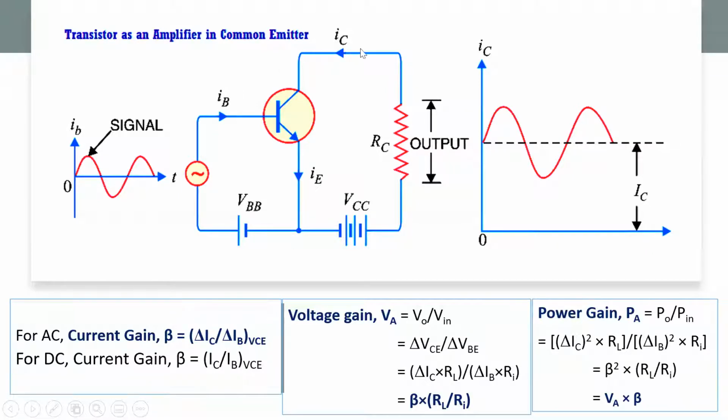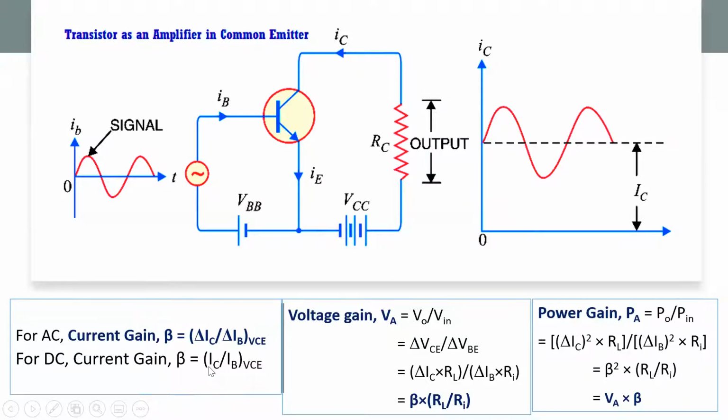Here the output current is IC, the collector current, divided by IB, the base current. So collector current by base current for a constant voltage between collector and emitter, VCE. This is the meaning of writing like that. So this is the current gain.